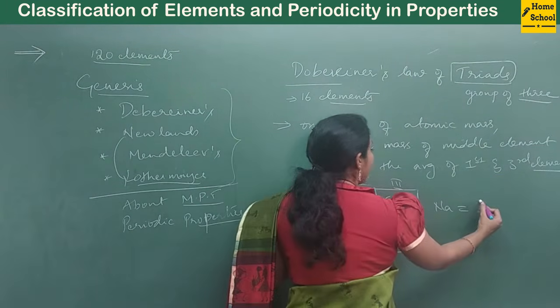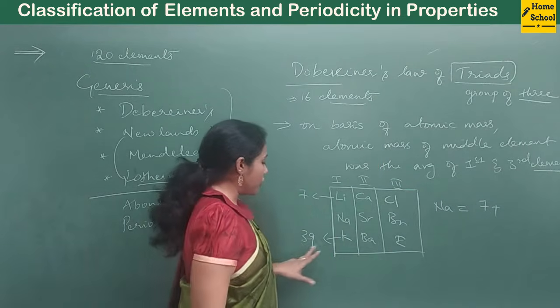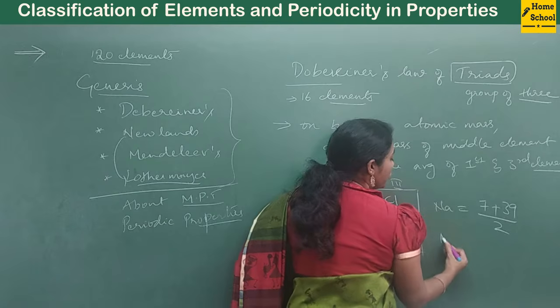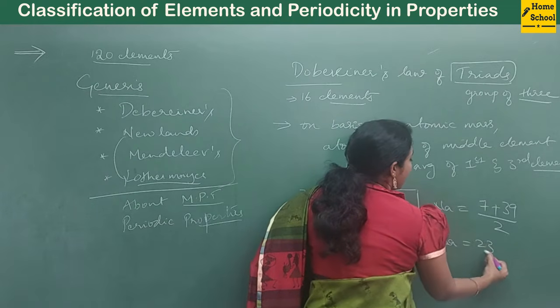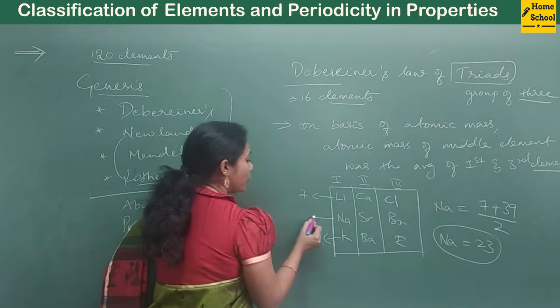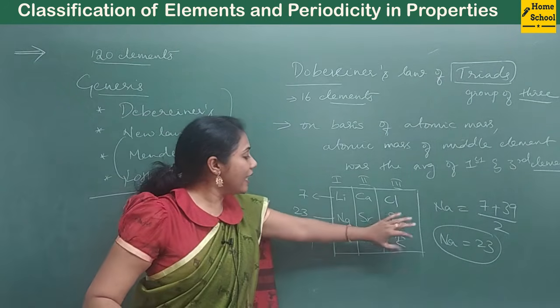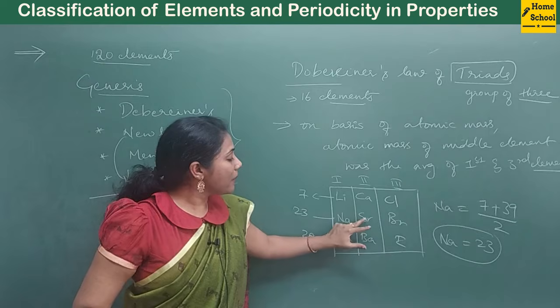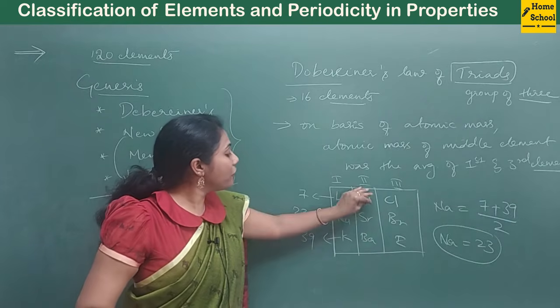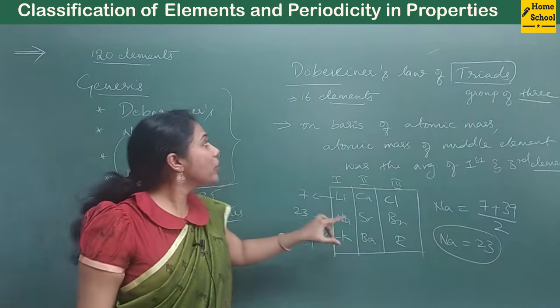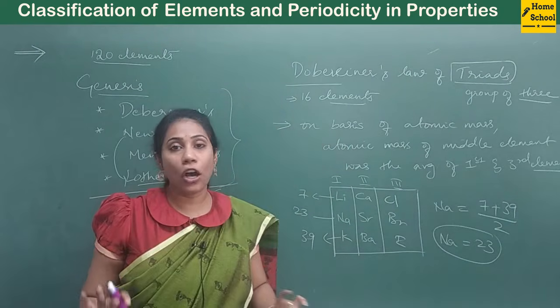So what is lithium's atomic mass? 7. What is potassium's atomic mass? 39. 7 plus 39 by 2 if you do, you will get sodium's atomic mass, that is 23. So sodium's atomic mass is 23. Like that in every triad, the middle element's atomic mass is the average of first and last. So this is the main point that you need to remember about Dobereiner's law of triads.